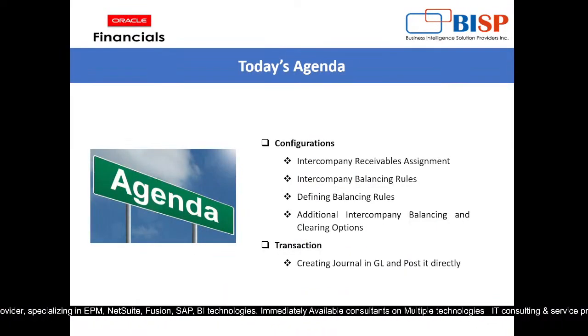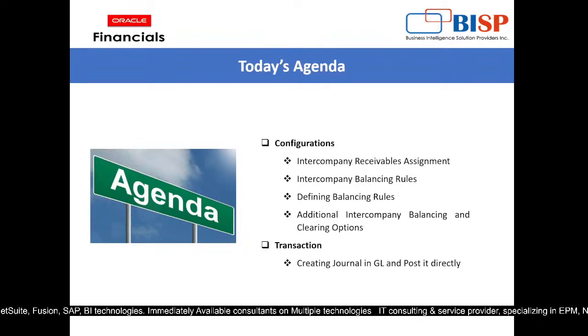So we'll see the remaining configurations, which are intercompany receivables assignments and intercompany balancing rules. Then we will see how these balancing rules are defined, meaning at what level we can define the balancing rules.